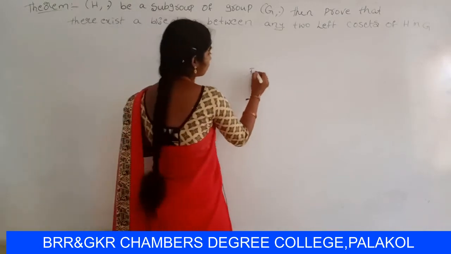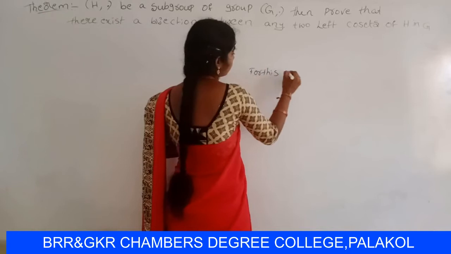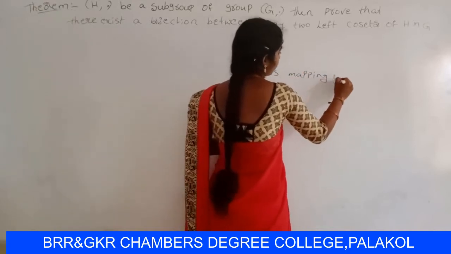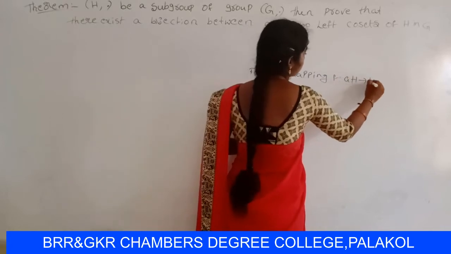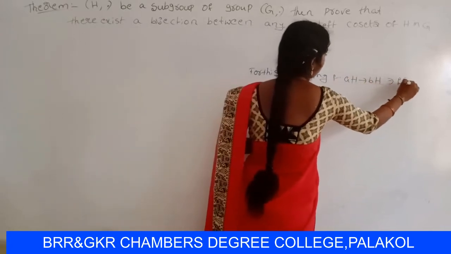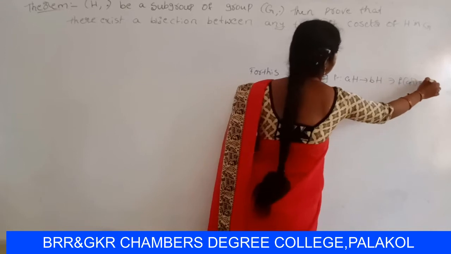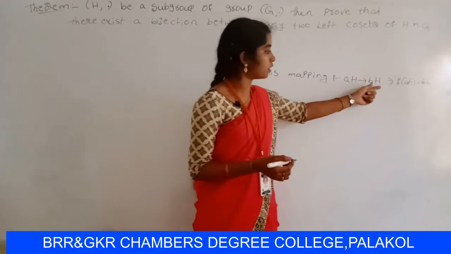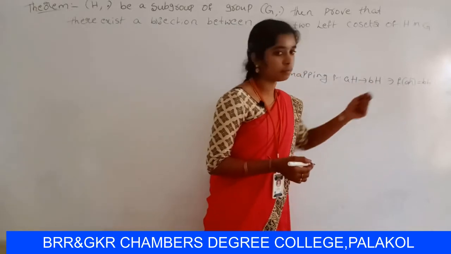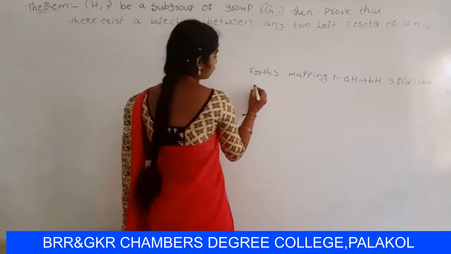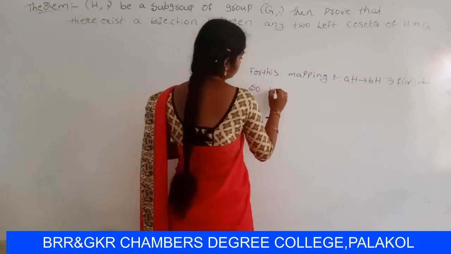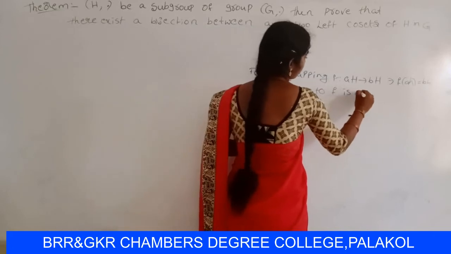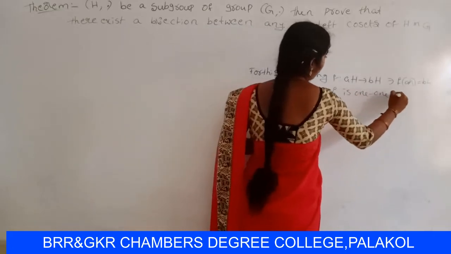For this mapping, F maps AH to BH such that F of AH equals BH. So we have to prove F is one-one and onto.